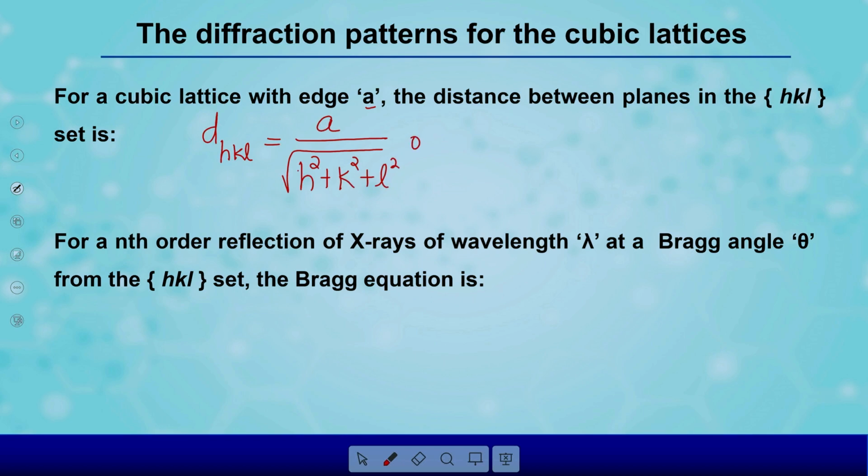If we take the square of this, we can write d_hkl square equals a square by h square plus k square plus l square. Let this be equation 1.